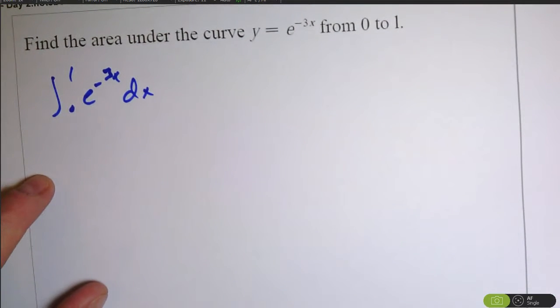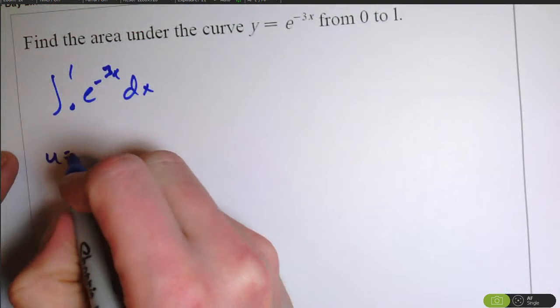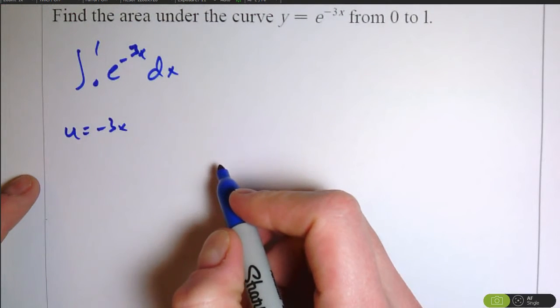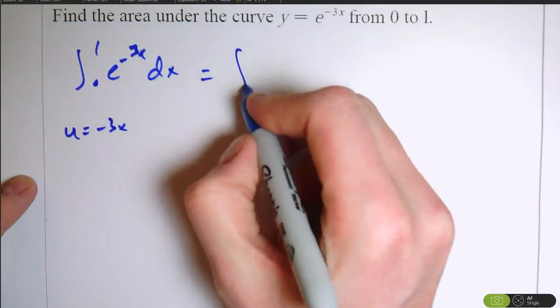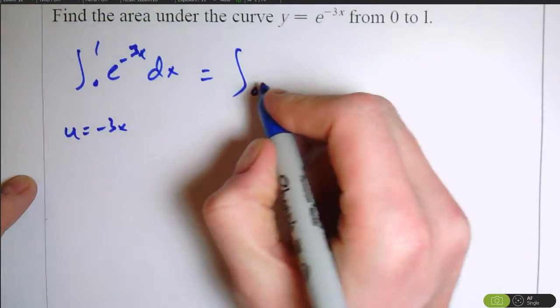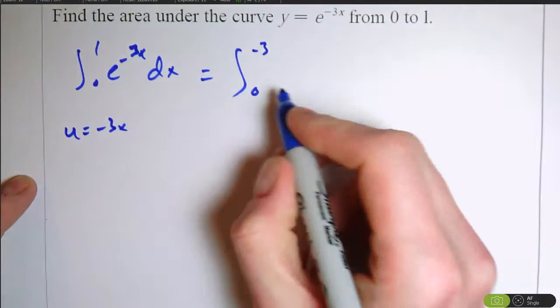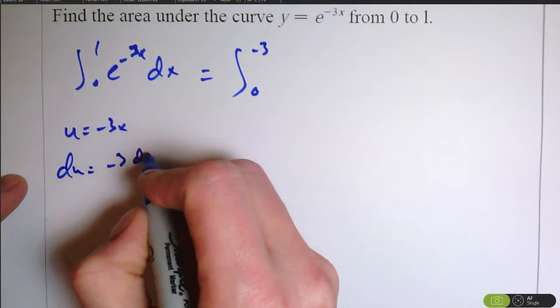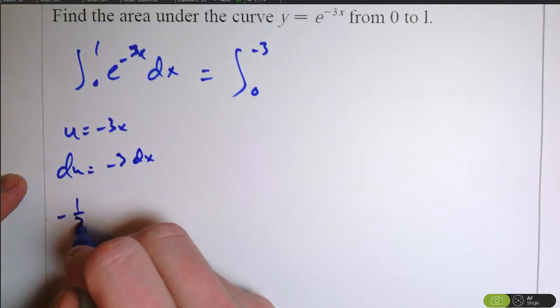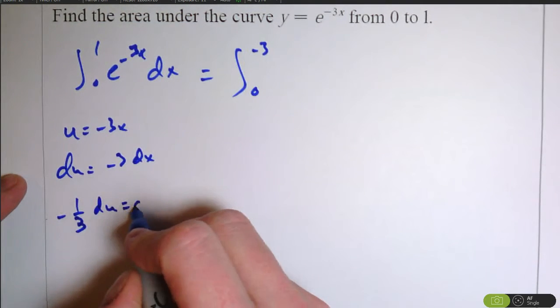This is a little different. We're going to let u equal negative 3x this time. So if you want to, you could just plug in 0 for that, it's going to give you 0, and 1 for that gives you negative 3. So we could redefine the bounds. du is going to be negative 3 dx, which means negative 1/3 du equals dx.